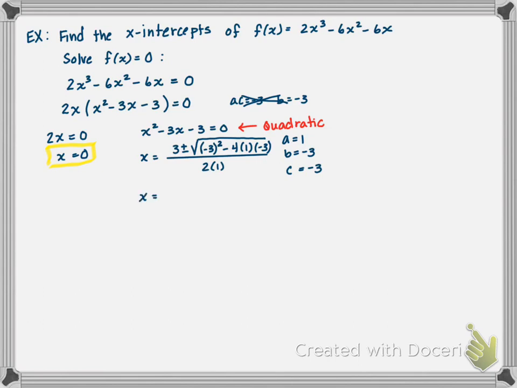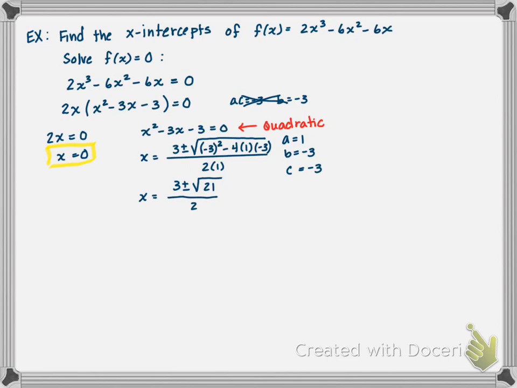So we get x equals 3 plus or minus the square root of, go ahead and plug that into your calculator. I got 31. No, I think it's 21. Yeah, you're right, I'm sorry, 21, yes. Adding an extra 10. There we go. Everybody get 21 on their calculators?